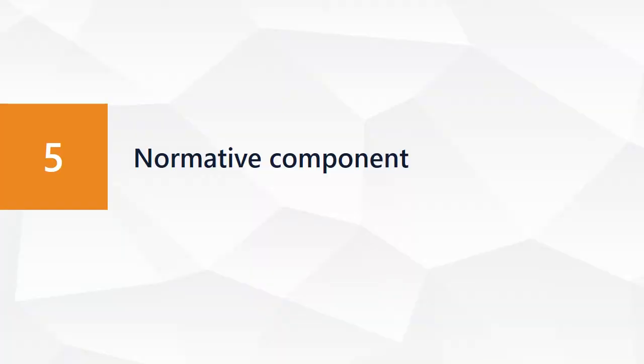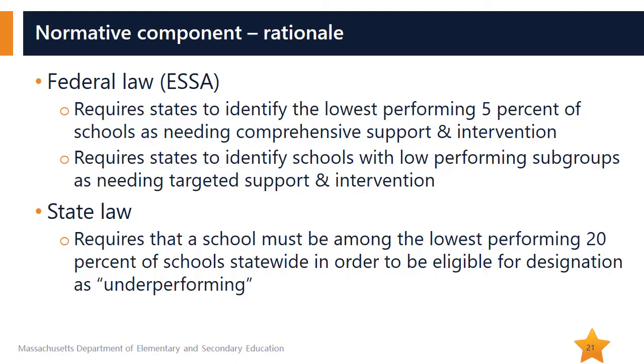Now that we've covered the indicators and their weights, let's talk about how they will be used in the normative component of the accountability system. Both federal and state laws provide a rationale for using a normative measure of school performance in the accountability system. Federal law requires that states identify the lowest performing 5% of schools as in need of comprehensive support and intervention.